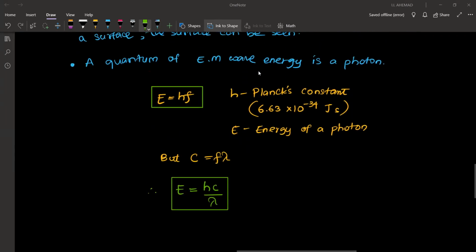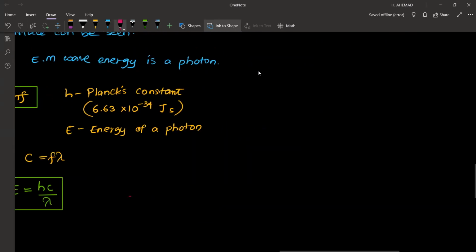Quantum means, now we are talking about energy, right? The energy of a wave. So let's say we have 100 joules of energy. The wave has got 100 joules of energy.